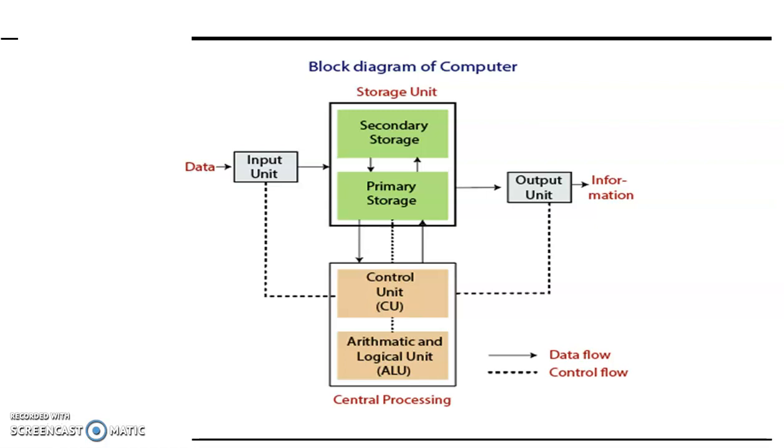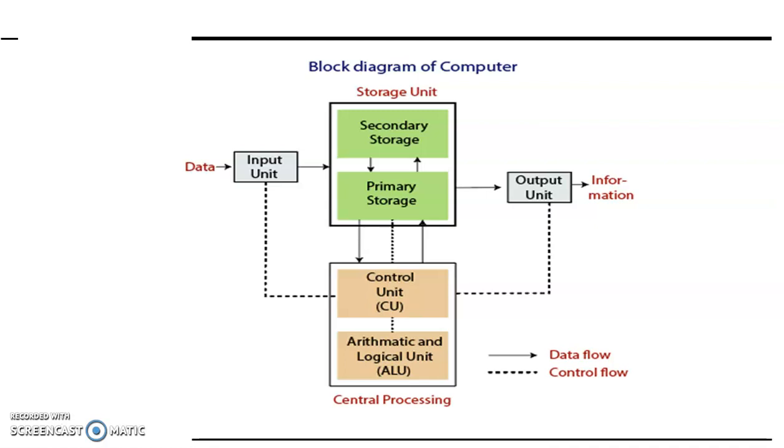Now let us discuss storage unit. In storage unit there are two parts, that is two kinds of storage: secondary storage and primary storage. Secondary storage, that means it is your read only memory, ROM. That means in secondary storage data is in the form of read only. You cannot edit data over here. Whereas primary storage is a kind of RAM, random access memory.